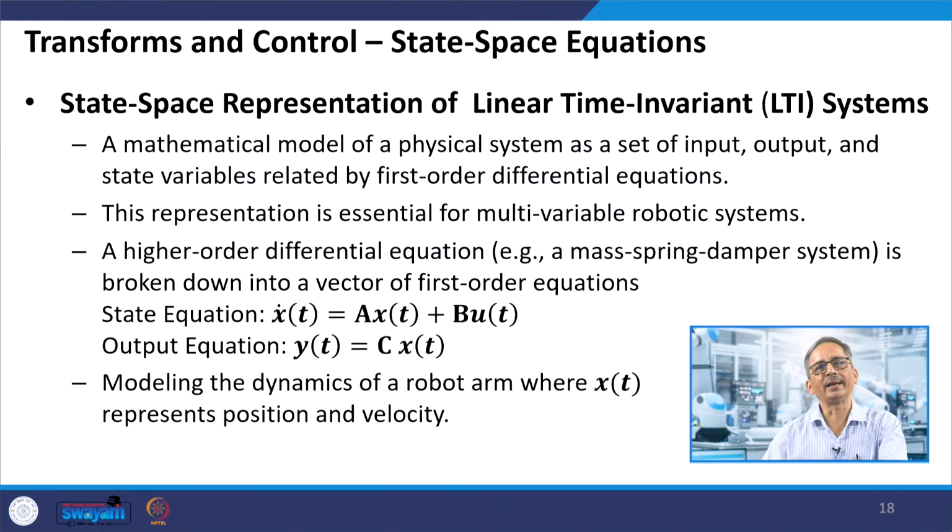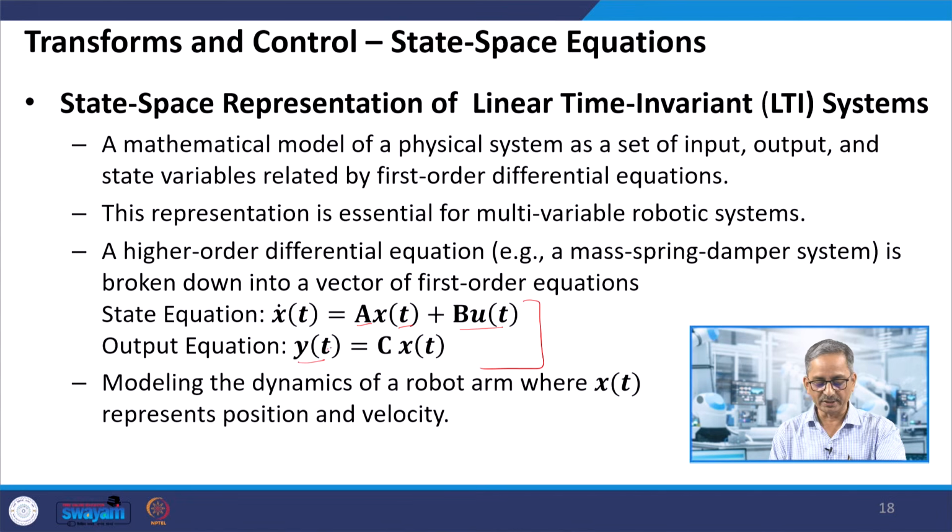Next is the state space equation. We will be using these equations in robot control. The state space representation of a linear time invariant, often called LTI, system is given by these two equations. The state's derivative is equal to matrix A times x(t) plus B times u(t), and this is the state equation.